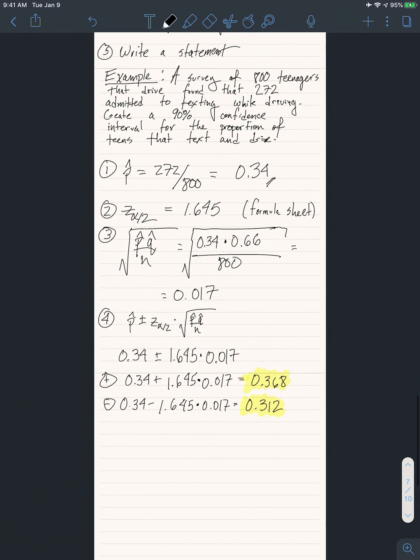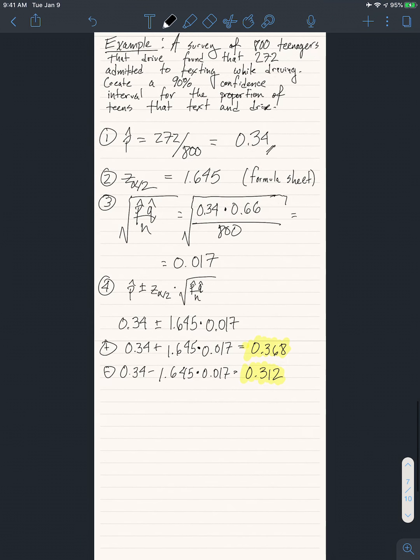So step 5, I'm going to scroll back up, write a statement. Step 5. We are 90% confident that between, what?